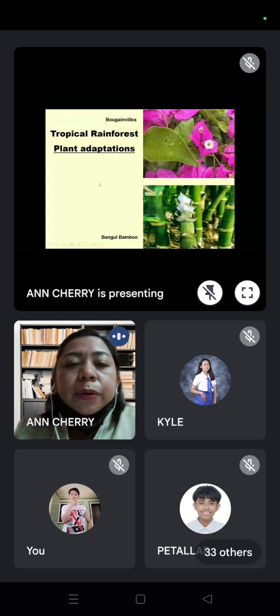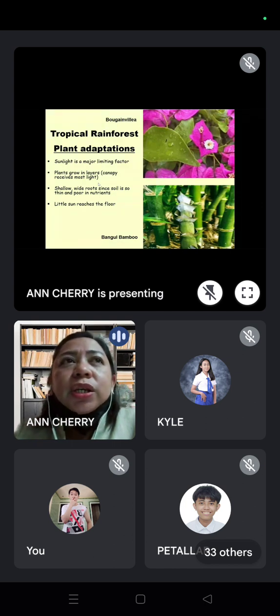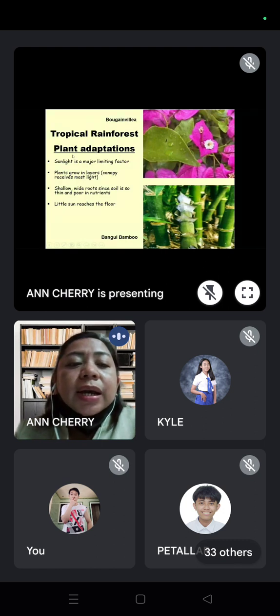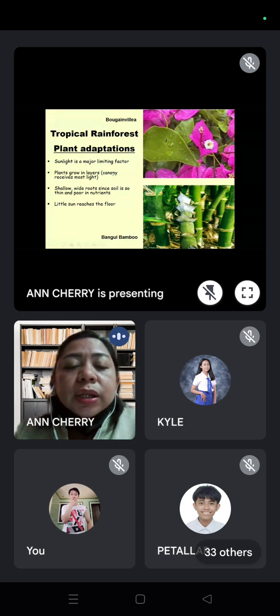Okay. So the tropical rainforest actually is the home of most of the flora and fauna, plant and animals all over the world. No? Over 700 species of plants and 1,000 species of animals. So sunlight is the limiting factor in the tropical rainforest because sunlight cannot, no, lisod siya mo reach sa forest floor. Okay? Because the plants in the tropical rainforest tend to grow in layers.